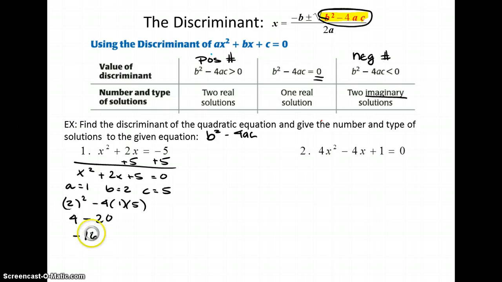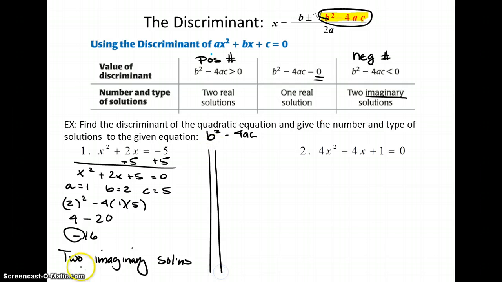No one cares that this is 16. All that we care about is that this is negative. So if it's a negative number, I know that I have 2 imaginary solutions. That's all they want to know. How many solutions do you have? Well, we have 2 imaginary solutions for this one.